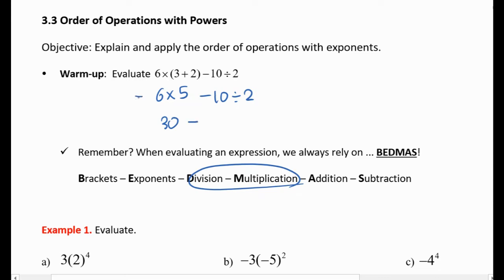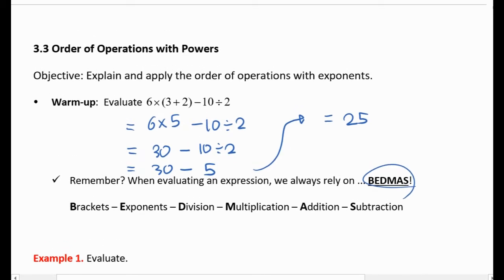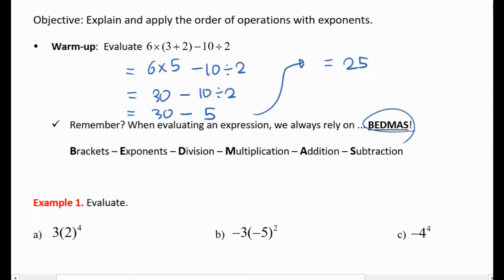Now we have 30 minus 10 divided by 2. Now we do the division. 10 divided by 2 is 5. So the final answer is 30 minus 5, which is 25. Okay, remember to use BADMAS when you solve this kind of problem, all right?